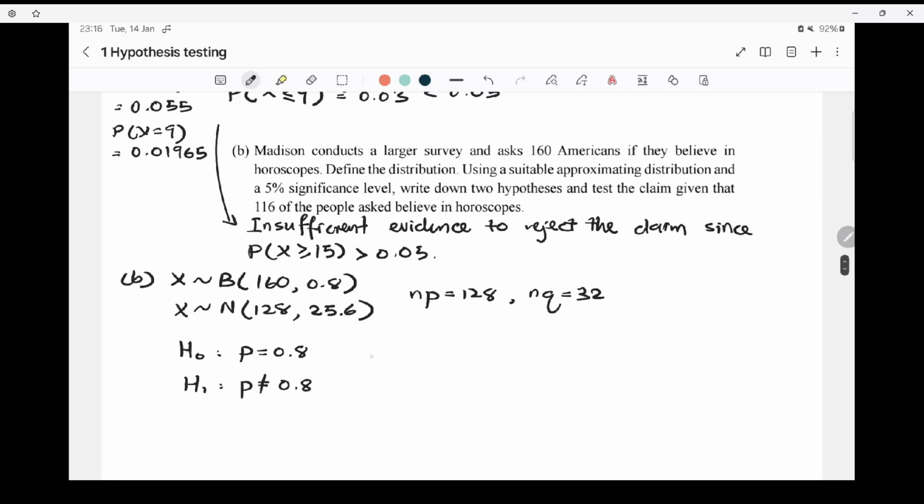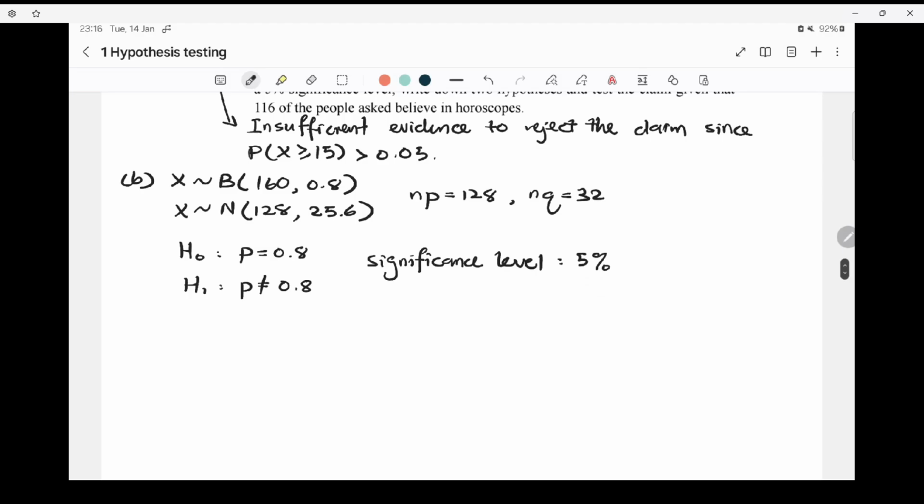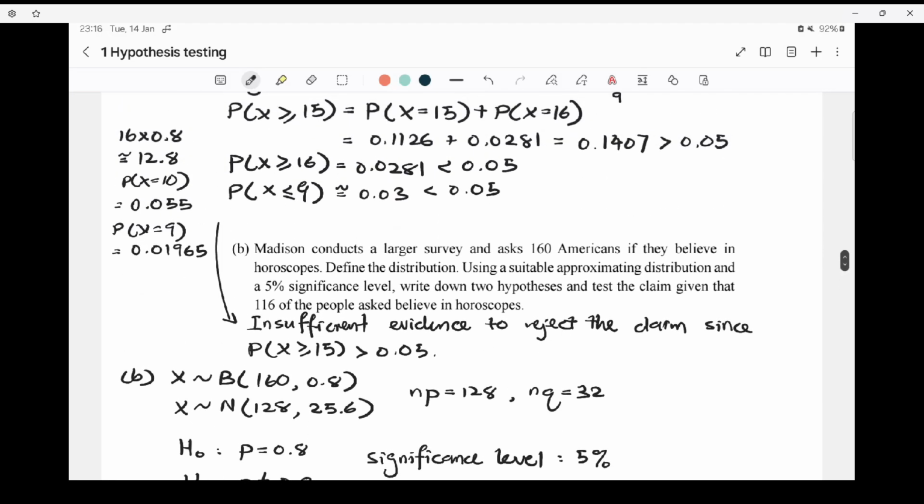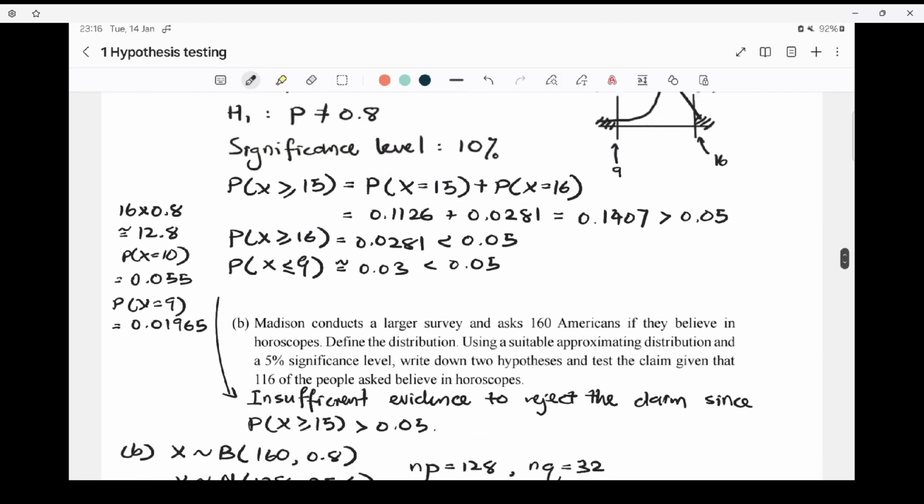And your significance level this time, remember, is 5%. In this particular question, they did not ask you to find the critical values. So you don't need to find the critical values. You just need to test the claim.